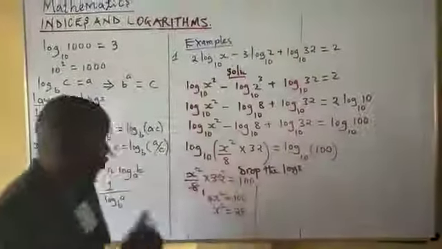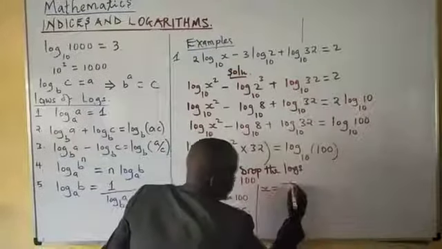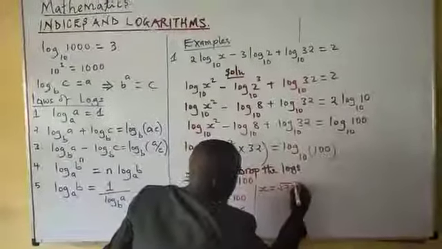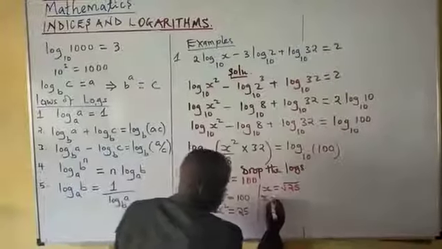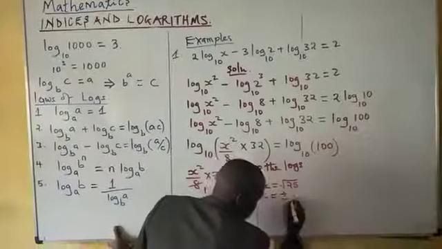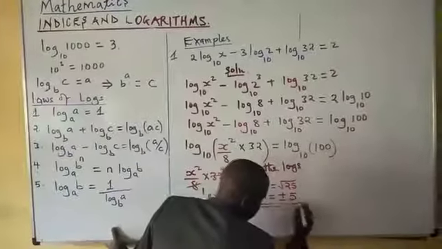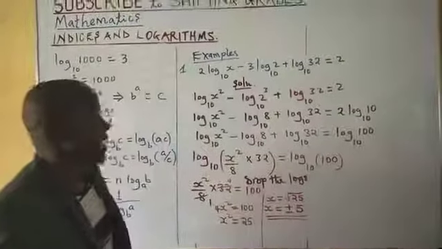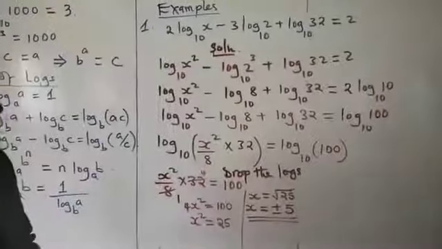Therefore, if x squared is 25, then x will be the square root of 25. Master this, that the square root of 25 is plus or minus 5. Not 5 only. It is plus or minus 5.